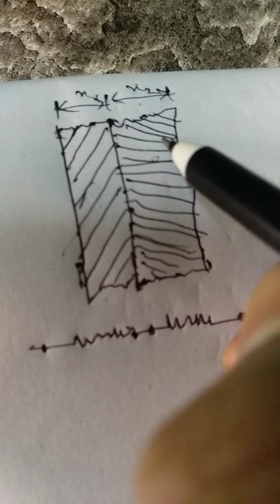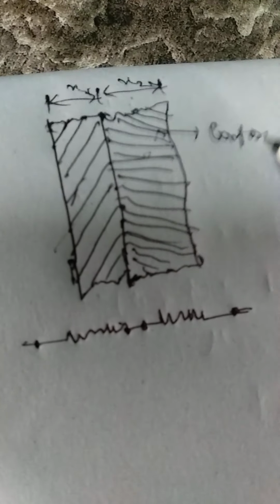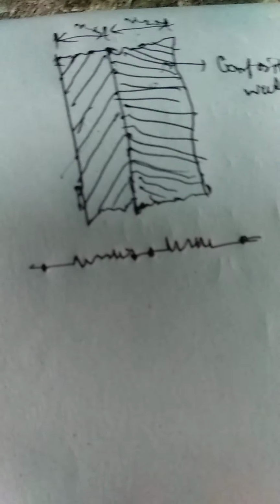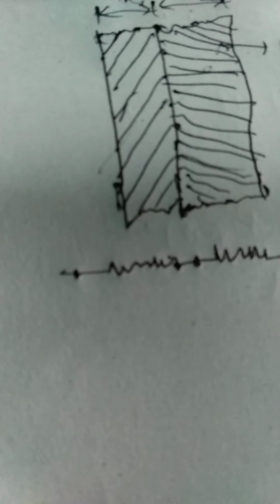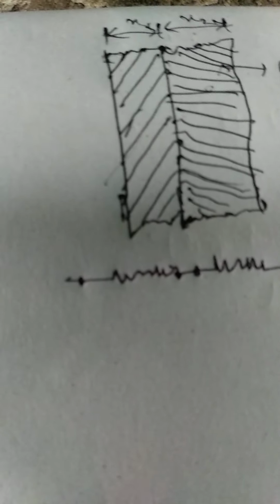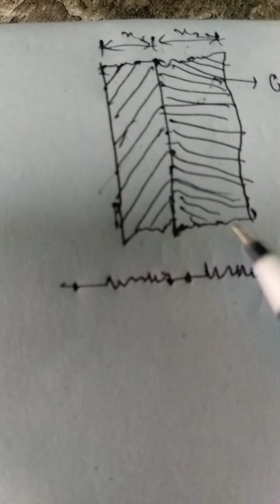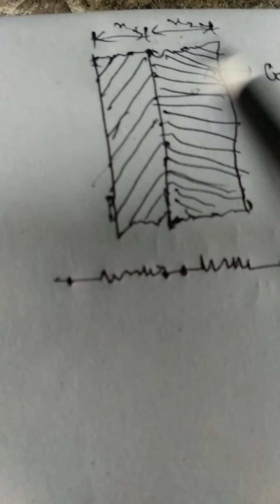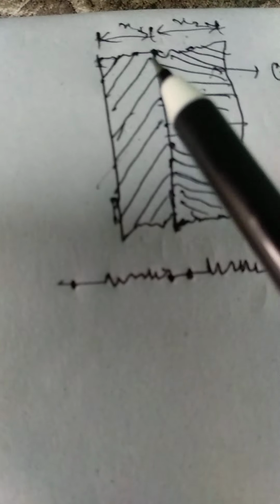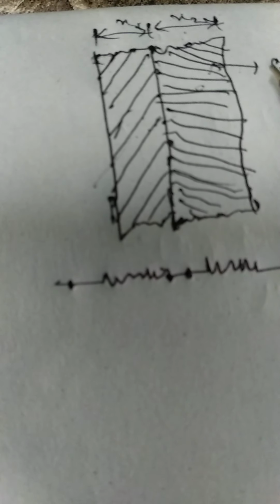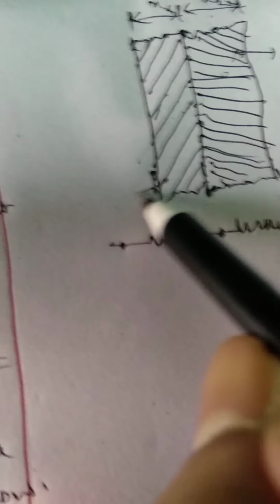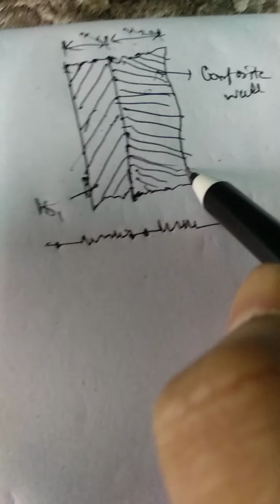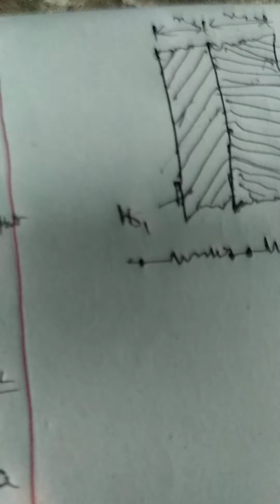Okay, so now consider this composite wall. You can see there are two walls that are joined to each other. They are made up of different materials. They have different thermal conductivities, K1 and K2.